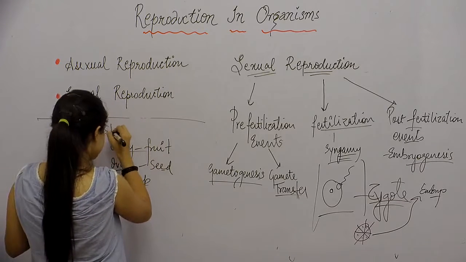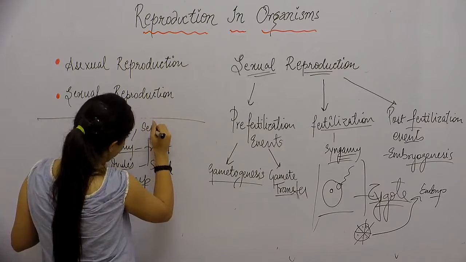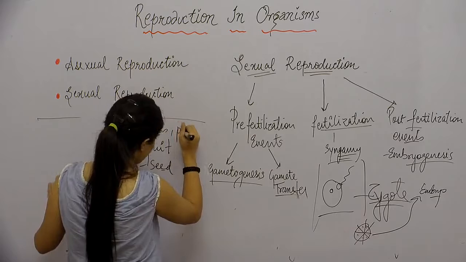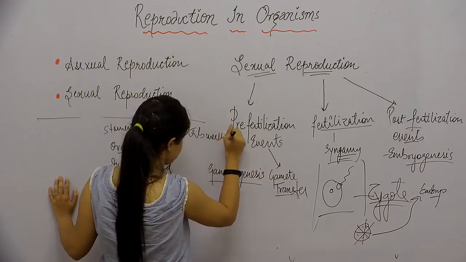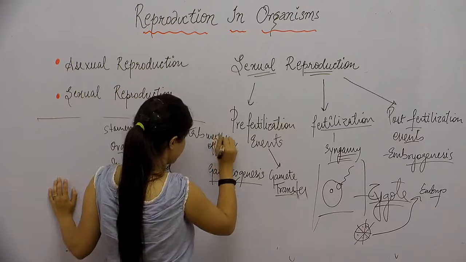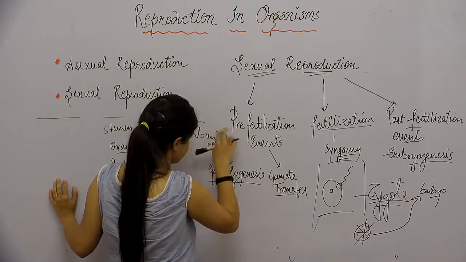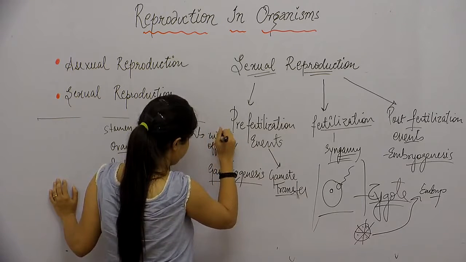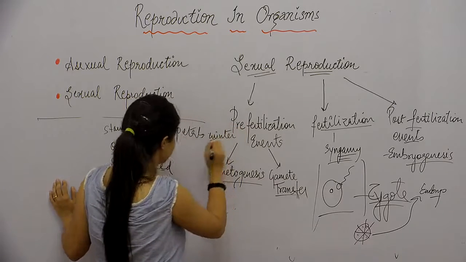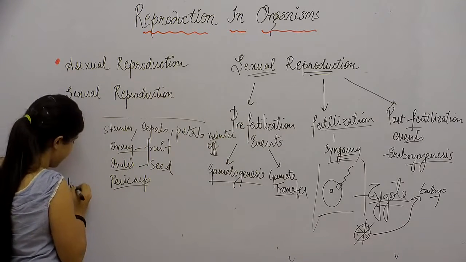The stamen, sepals and petals wither off, and the stigma does stay attached.